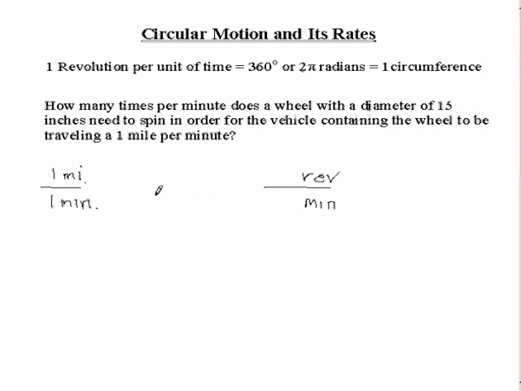Now think about it for a minute, and hopefully you'll begin to see that if we're using the labels as factors, and we have a particular rate to begin with that we can write as a fraction, and we know the units that we want, RPM, or revolutions per 1 minute, then we can use this relationship and the information we know about the thing that's spinning to multiply our original relationship by successive fractions that will get rid of labels like miles that we don't want and replace it eventually with what we do want.